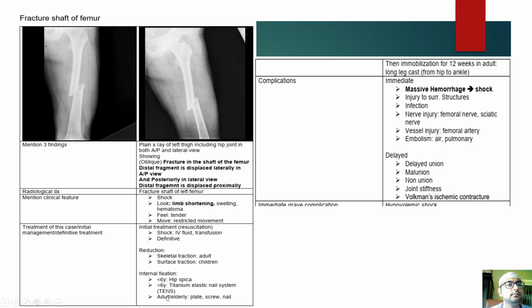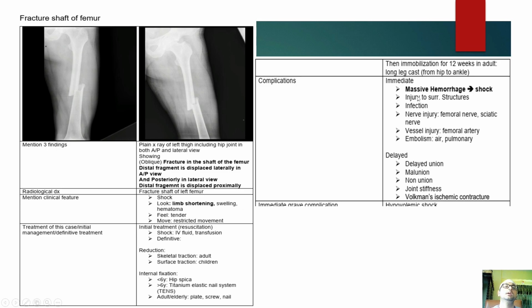Okay, just try to memorize this. Under 6 years, hip spica; more than 6, titanium elastic nail; adult and elderly, plate, screw, nail. And then immobilization for 12 weeks in adults in a long leg cast. What are the complications?